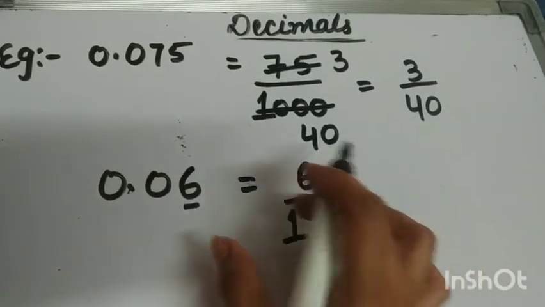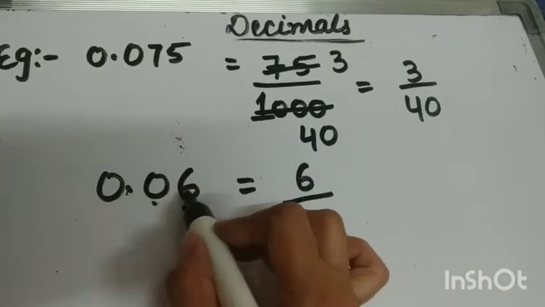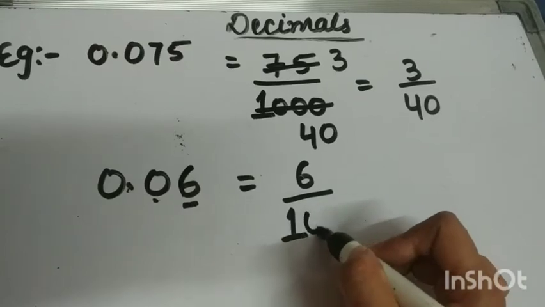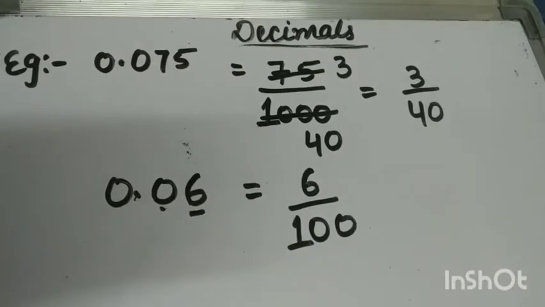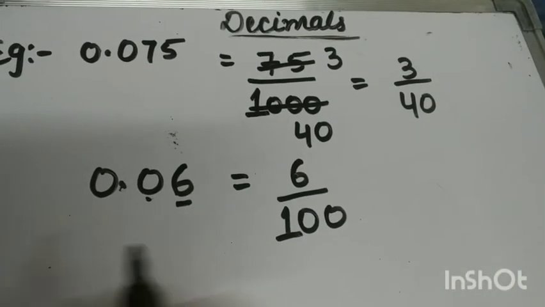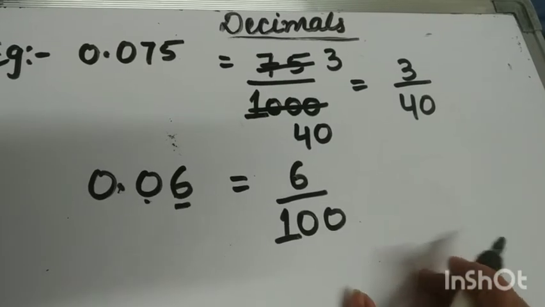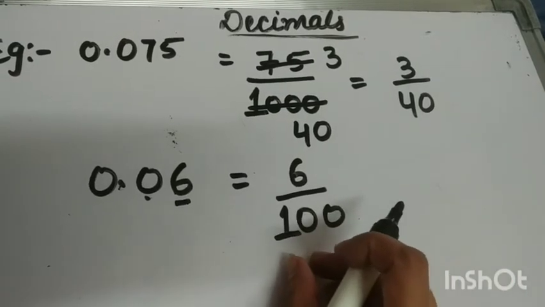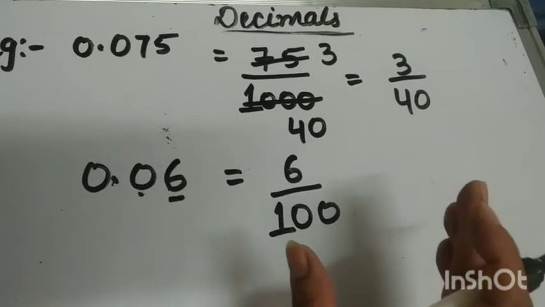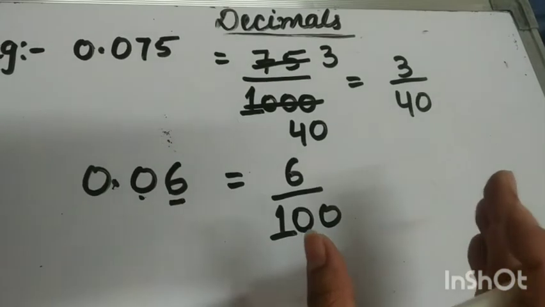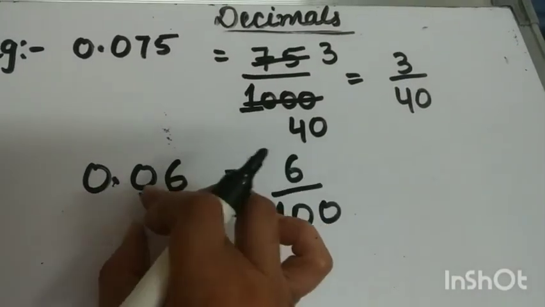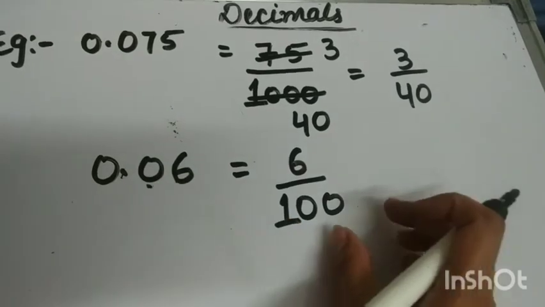There are 2 digits after the decimal, so there will be 2 zeros in the denominator. Here the decimal places are 2, so we put 2 zeros.